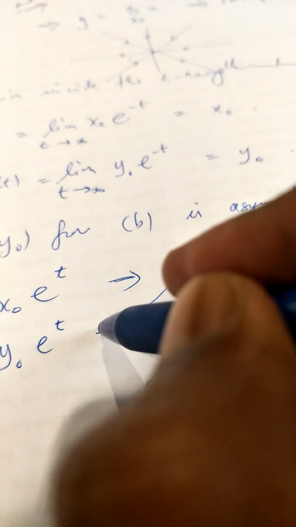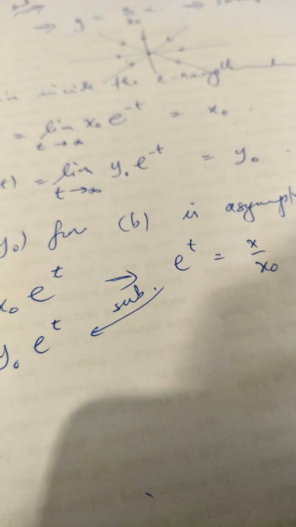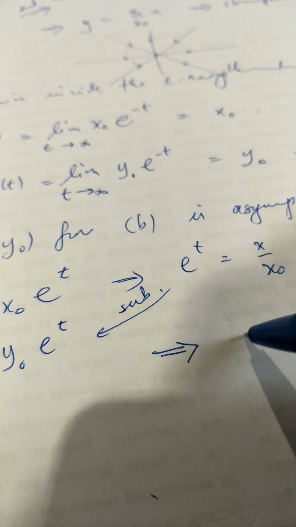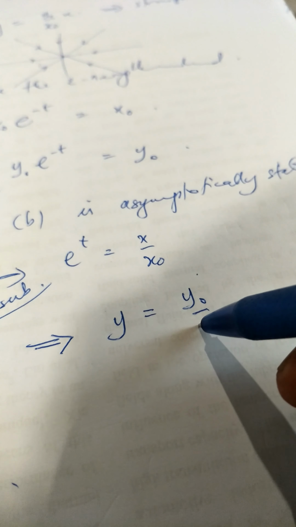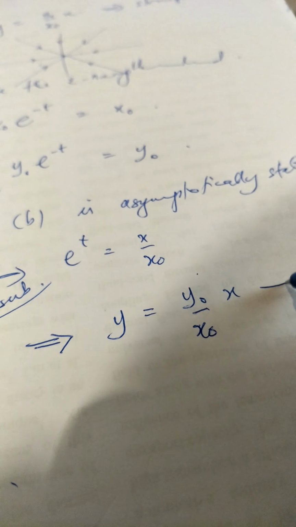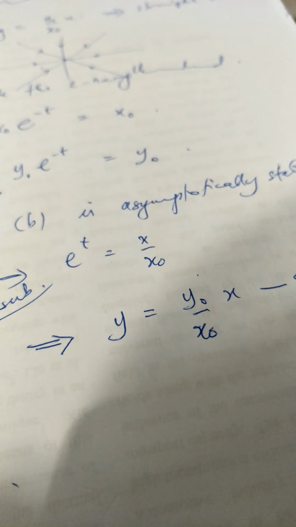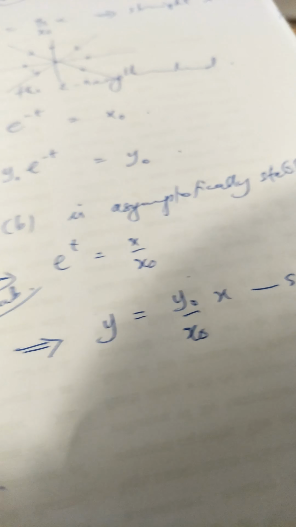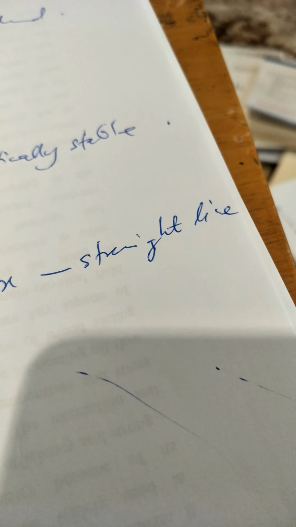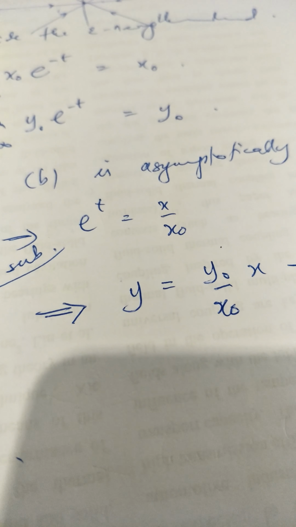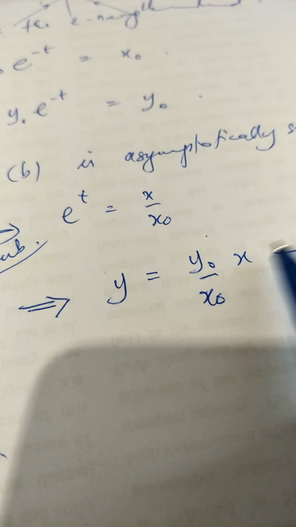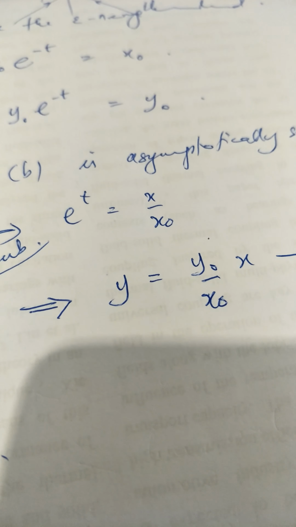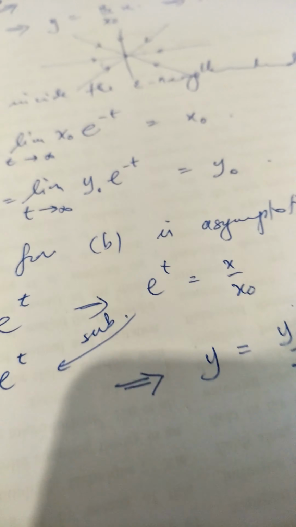You substitute into there, you get y equals y naught over x naught times x. Again, this is a straight line, just like y equals mx plus c, where c is 0 in this case.